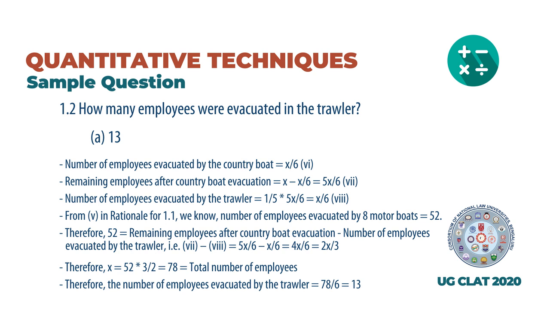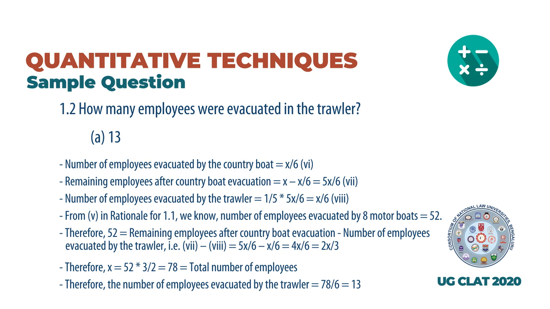This is calculation 7. Number of employees evacuated by the trawler is equal to 1/5 multiplied by 5X divided by 6, which is equal to X divided by 6. Let's set this aside as calculation number 8.